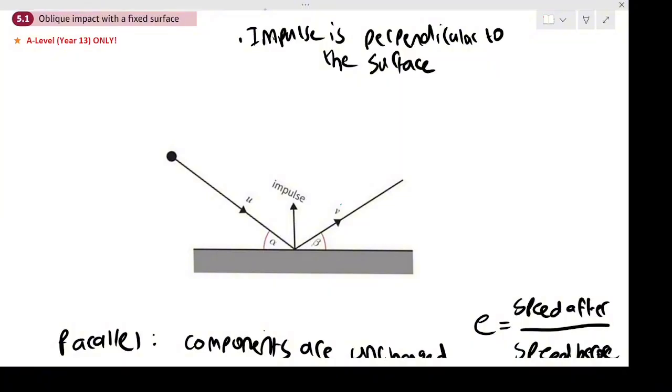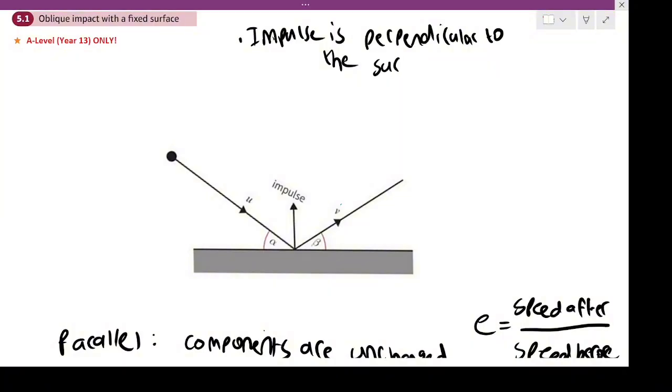So if this is my impulse, then hopefully you can see that the impulse is at a right angle to the surface, right? And so that's the idea, okay? So we will be utilizing that as well.